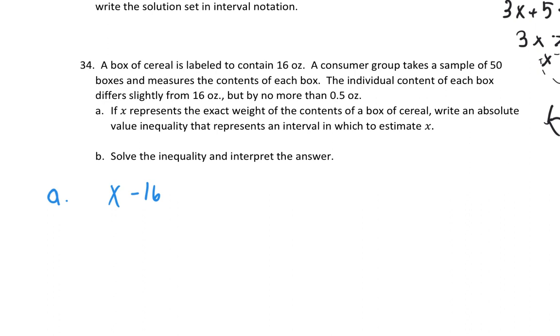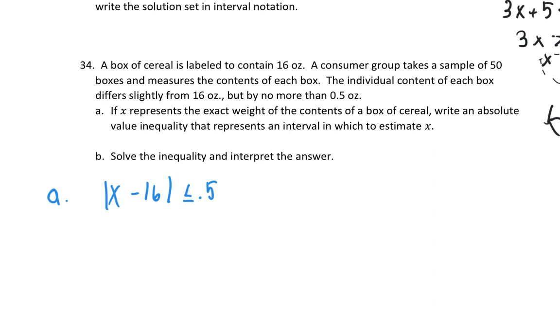Well, how big can that difference be? It can't be bigger than 0.5. So the absolute value of the difference cannot be more than 0.5, right? Maybe it's a little bit more than 16, maybe it's a little bit less than 16, but the absolute value, the difference, just how far off you are, has to be at most 0.5. So that's kind of where we get that.